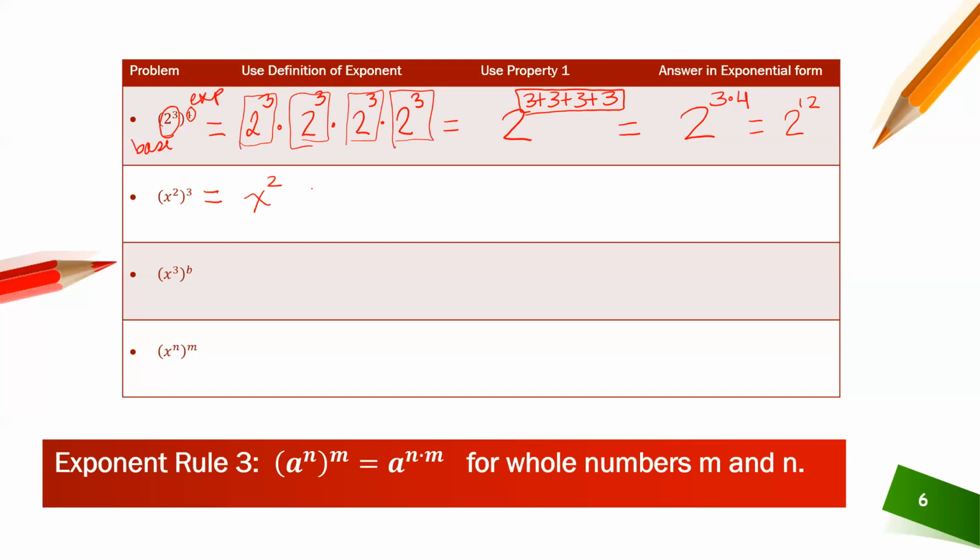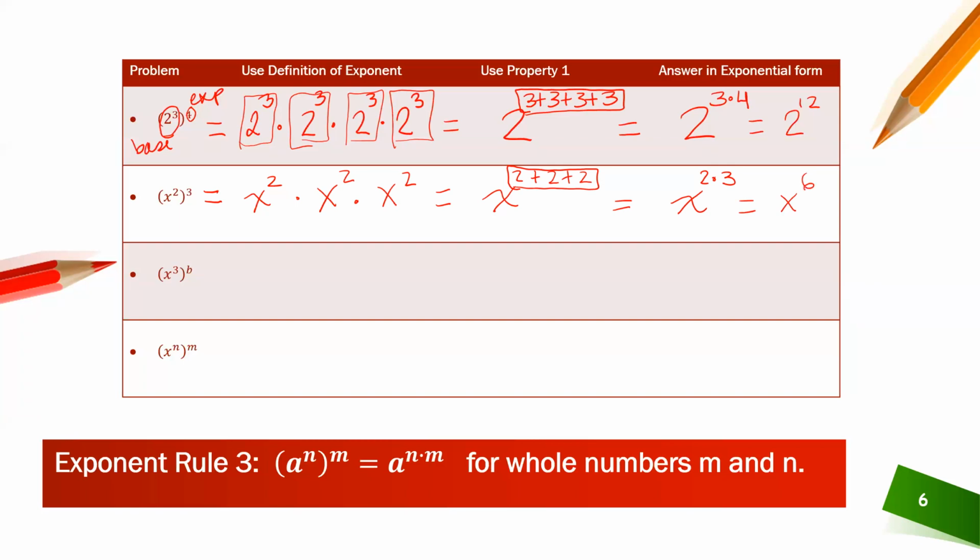So I have 3 copies of x squared, and that equals, keep the base the same. Rule number 1 said keep the base the same and add the exponent: 2 plus 2 plus 2. And guess what? Repeated addition is multiplication. So the base is still x, the exponent is 2 times 3, and that is x to the 6th power.